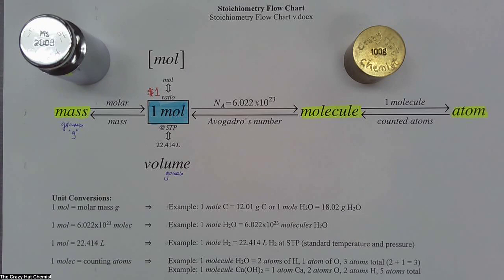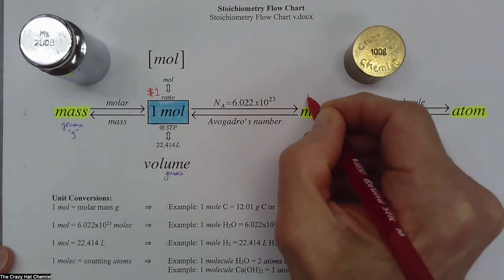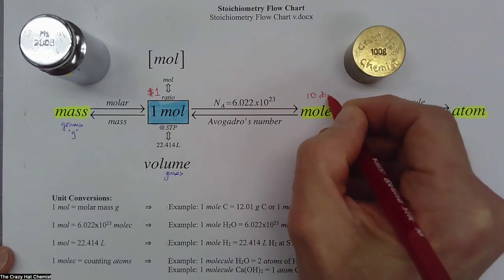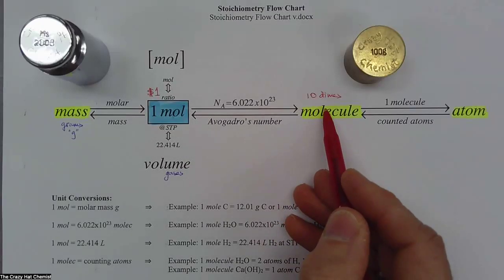Okay, $1 is equal to a number of different things. So $1 is equal to, well, let's say 10 dimes. $1 is equal to 10 dimes.